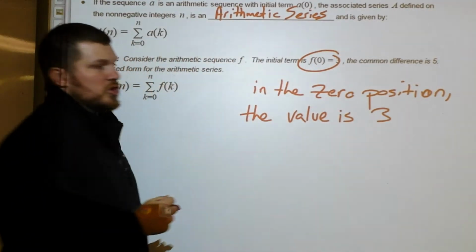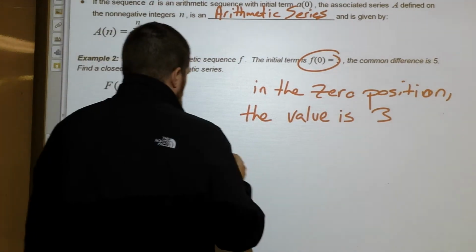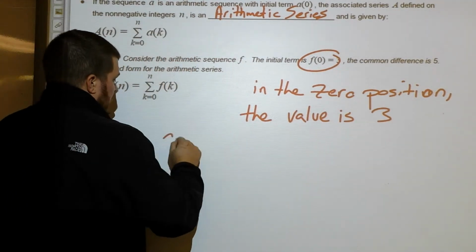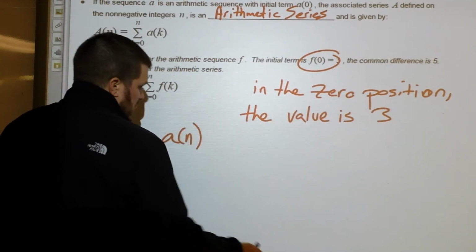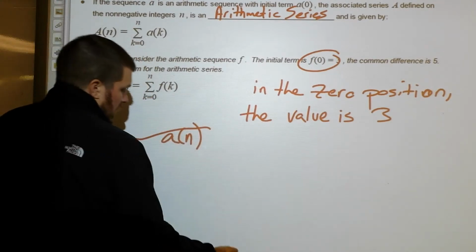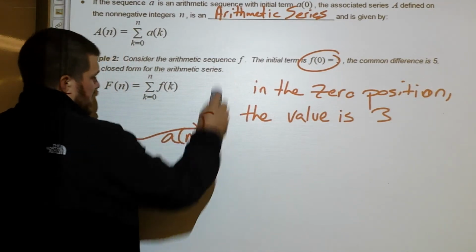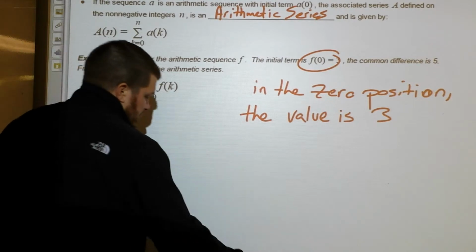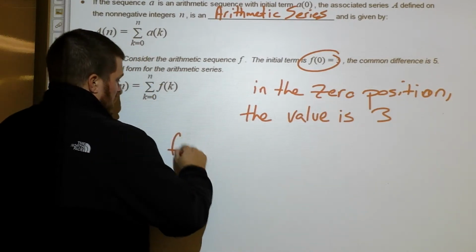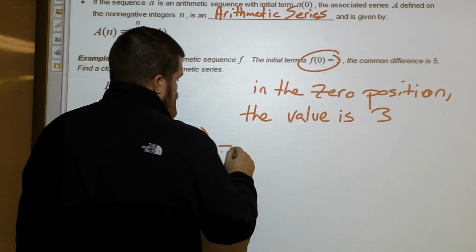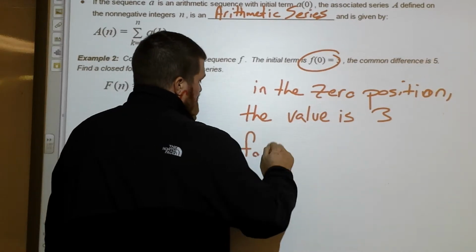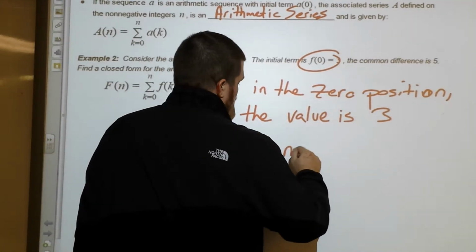Well, a couple things just from that. 0 position means our rule is going to be a sub n, or sorry, let's call it f of n because that's what we're told. This arithmetic sequence is called f. So f of n is equal to f of 0 plus n d.